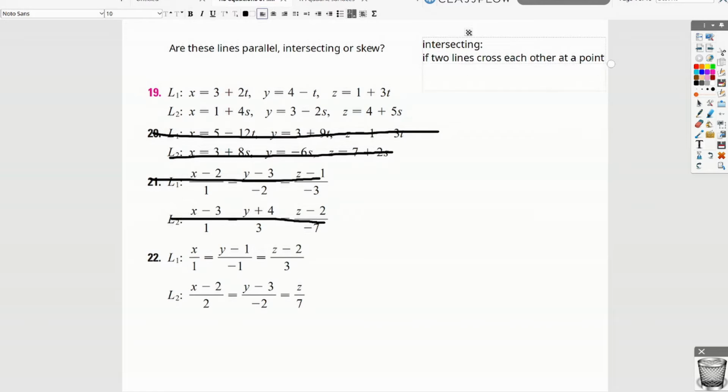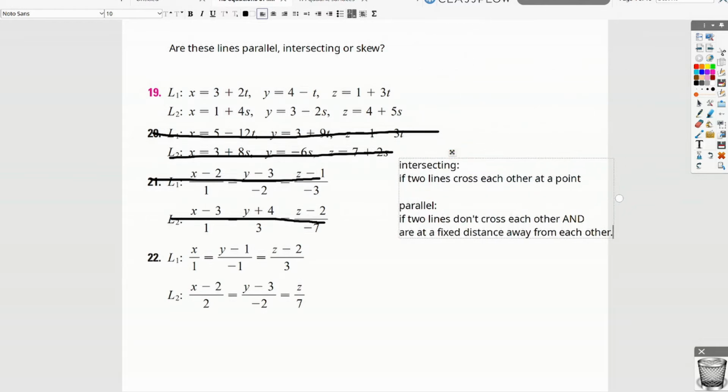Parallel is if 2 lines don't cross each other and, this is very important, are at a fixed distance away from each other. There you go.